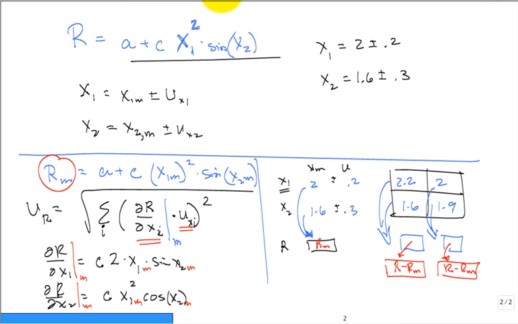And then maybe I even do an additional step: r minus rm, square it, r minus rm, square it. Then I add those together, take the square root, and that is my uncertainty in r. The uncertainty in r is the square root of the sum of those.